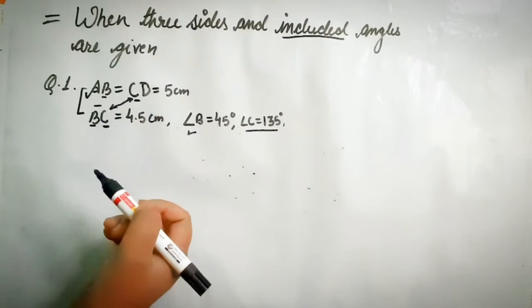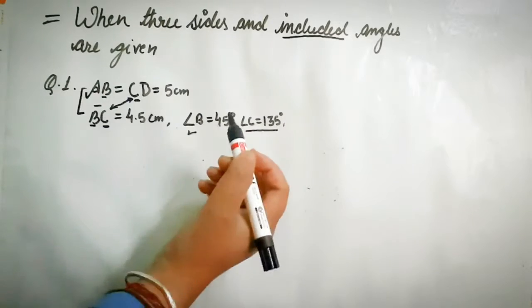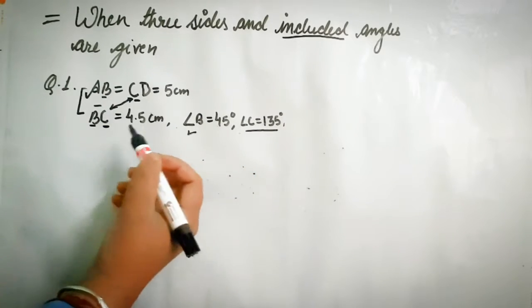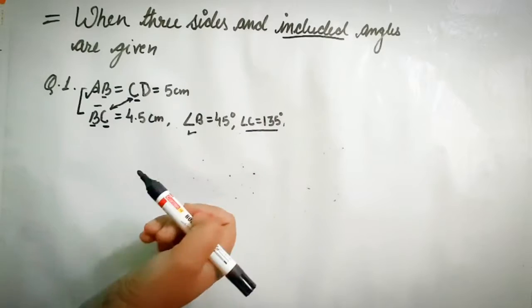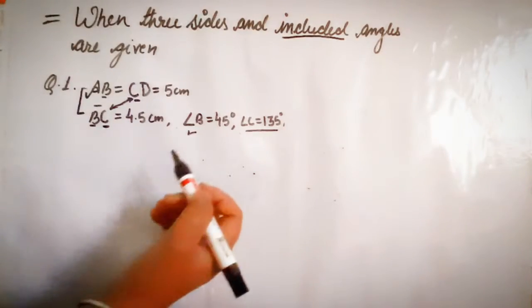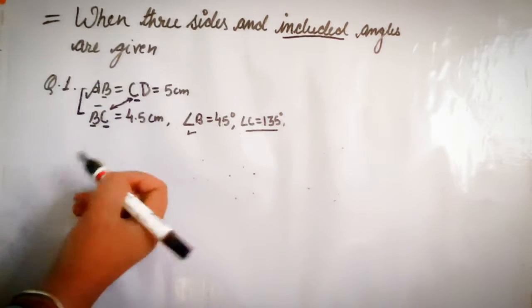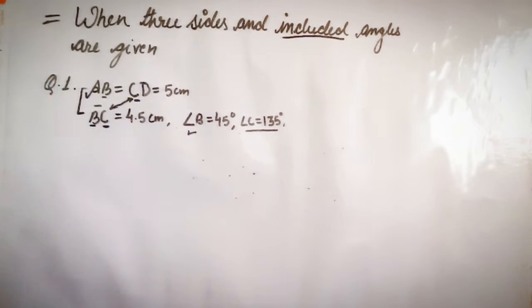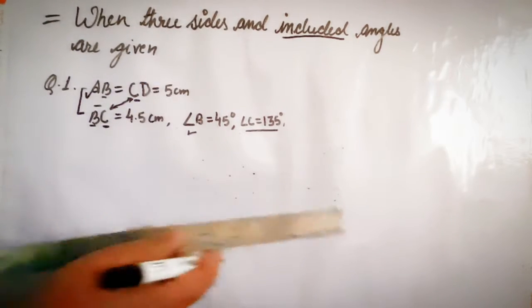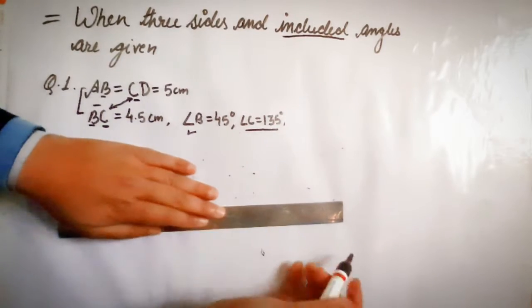Now first of all, what we have to do, we have to start our construction from the side which is containing both of the angles. So angle B and angle C are given, so we have to start our construction from side BC. So first of all, draw BC equal to 4.5 centimeter.